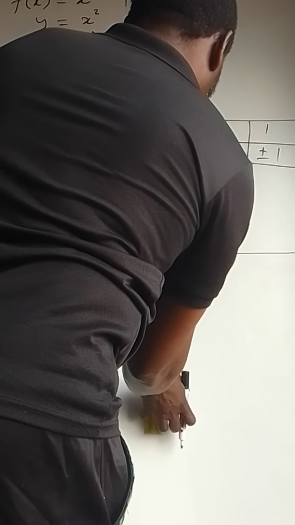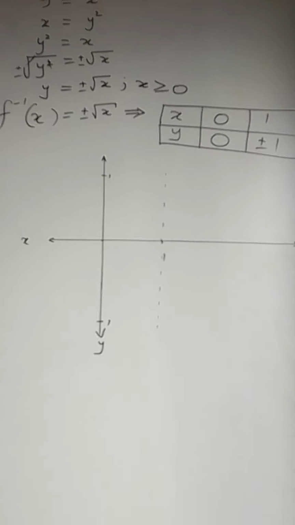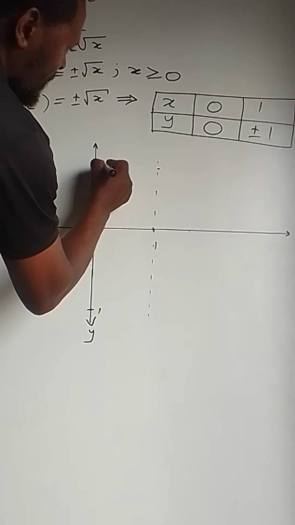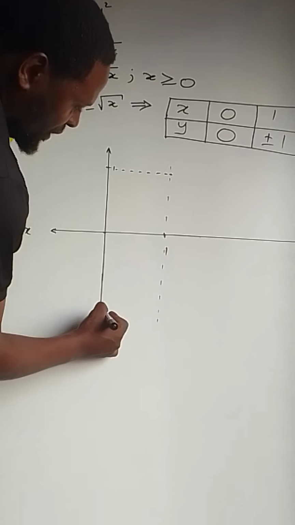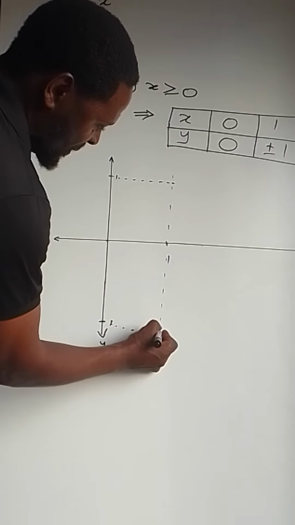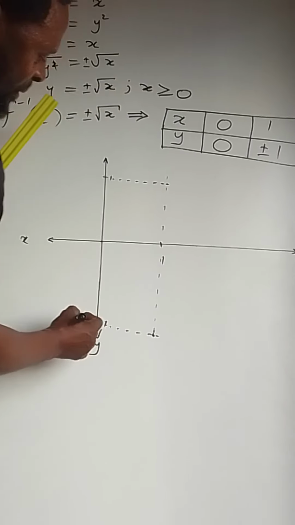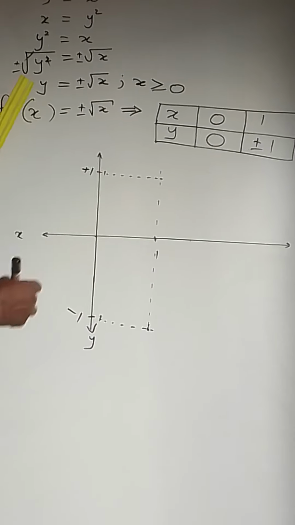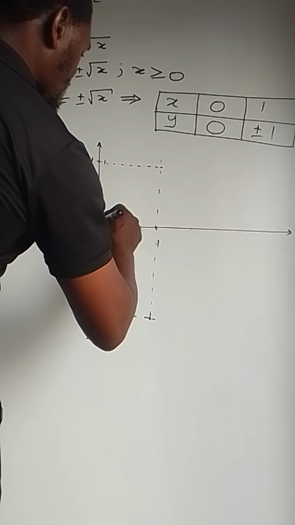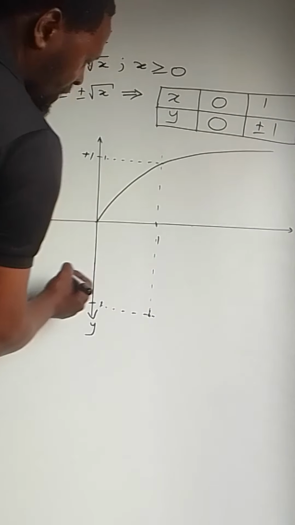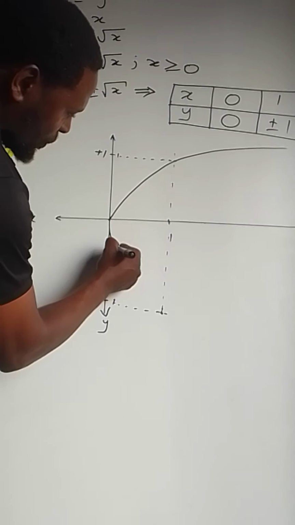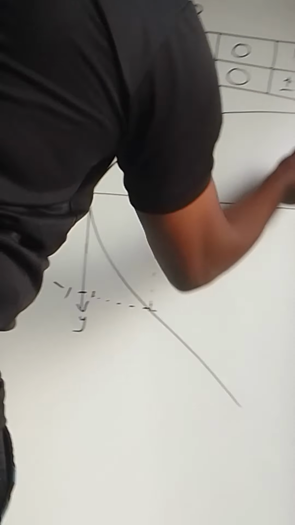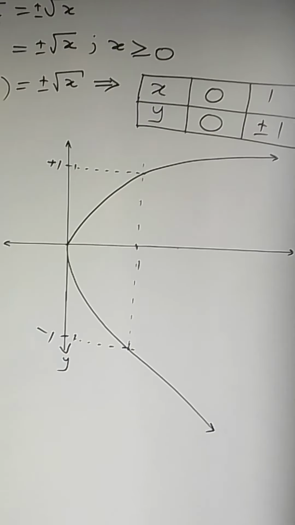Here, -1, +1. Then we have a graph that goes like that. It comes this side, it goes like that. This is the type of graph we are going to find.